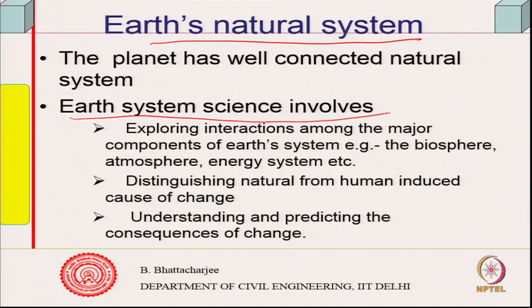Earth systems science involves exploring interaction amongst major components of the Earth system, for example, biosphere, atmosphere and energy system, etc. We have to look into the natural changes that occur vis-a-vis human induced changes, and then we should predict what is the impact of such changes.